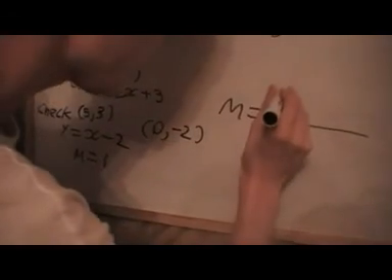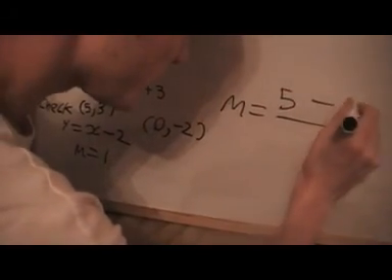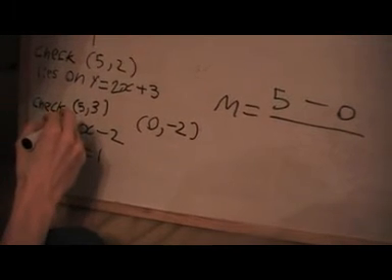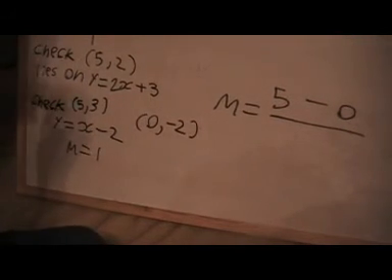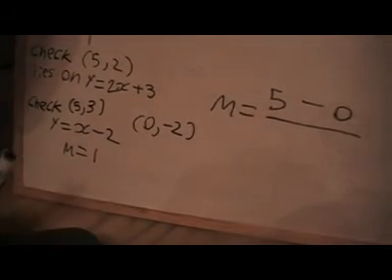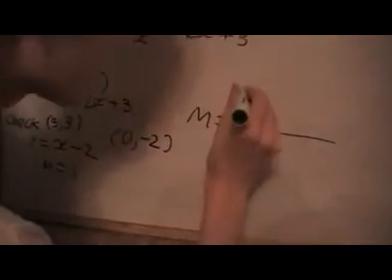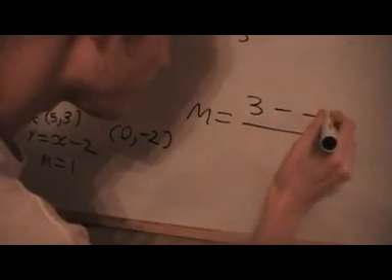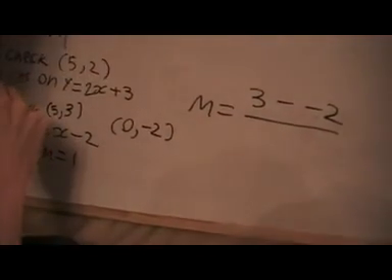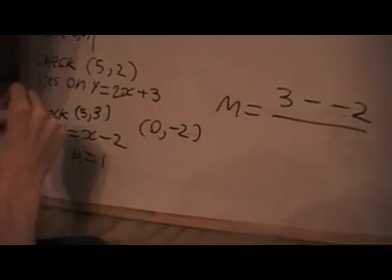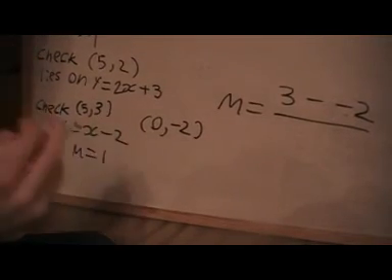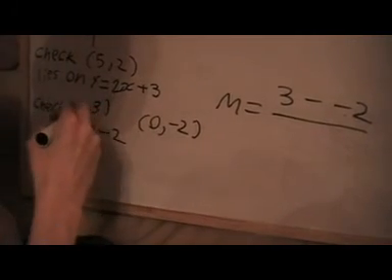So that should be 3 take away minus 2 on the top. That's the y coordinates, and then the x coordinates are on the bottom.